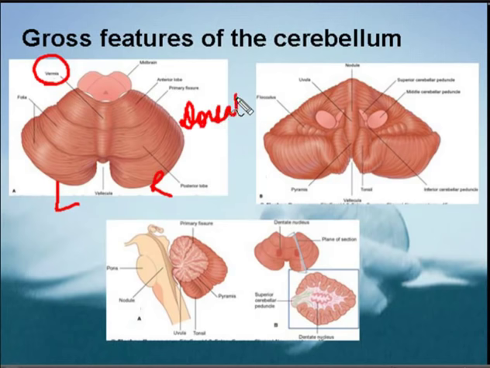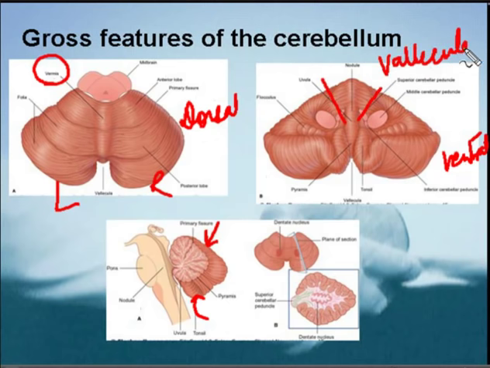And if you were to look at the ventral aspect, which is this one, then you can see that this vermis is more clearly seen. So this whole part here is the vermis. It's better seen on the ventral aspect where there is this deep groove present. So this groove over here is known as the vallecula. So there's a kind of deep furrow in which you can notice this vermis.